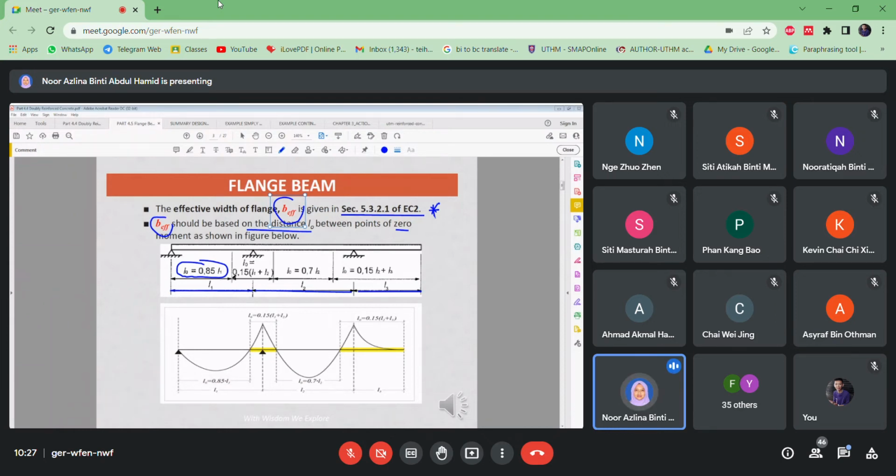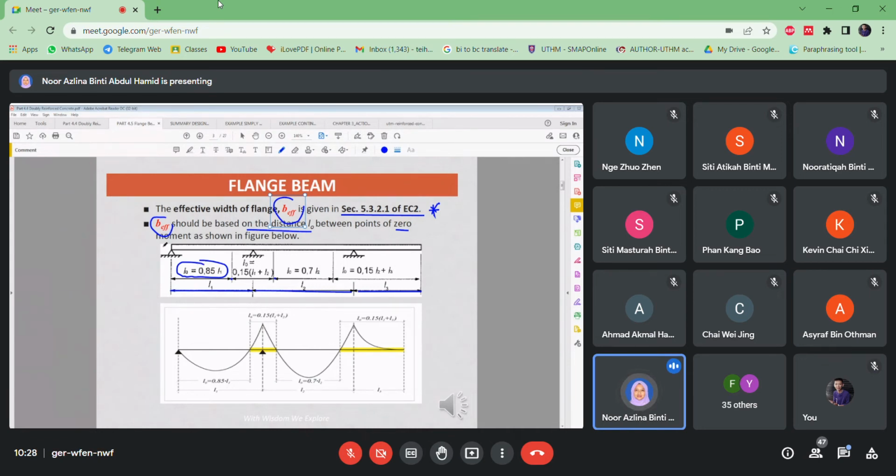Then for in between this support here, L0 is equal to 0.15 (L1 plus L2), both sides L1 plus L2. For internal span, okay, this is the first span.